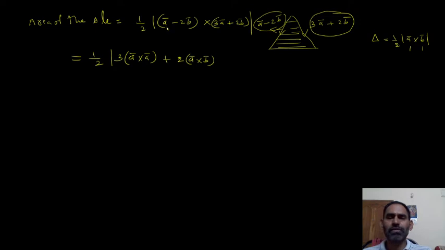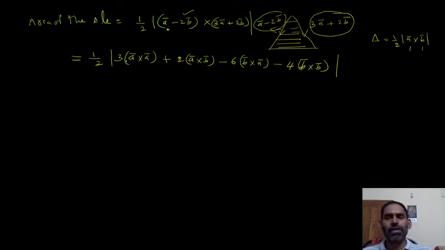Next, with minus 2b, multiply: minus 2 threes are minus 6, b bar cross a bar, same order we should write. Next, minus into plus, minus 2 twos are 4, b bar cross b bar.